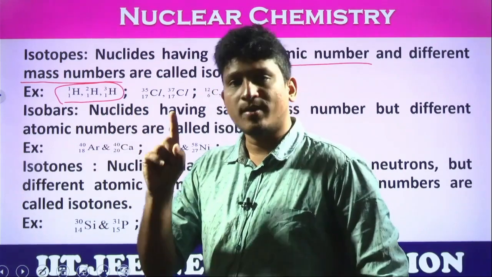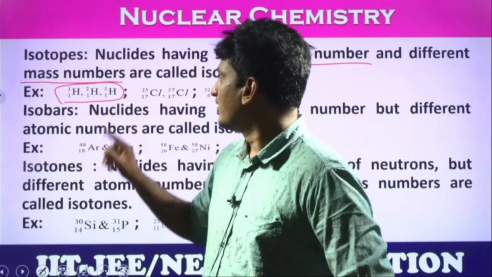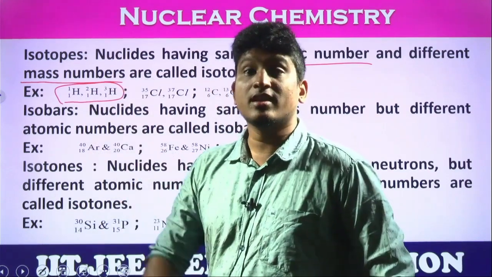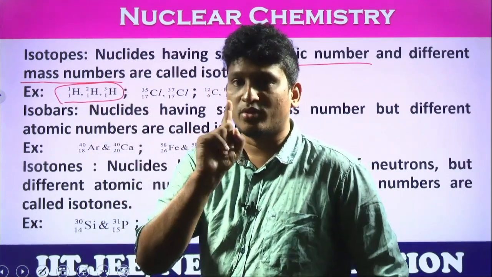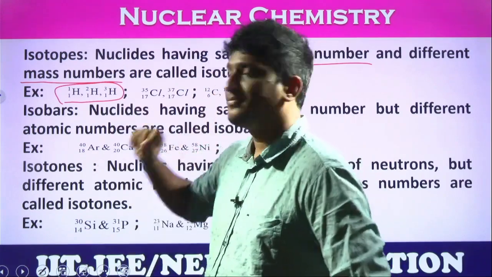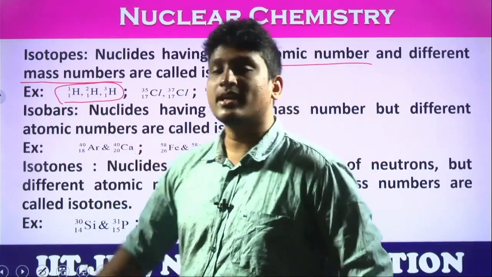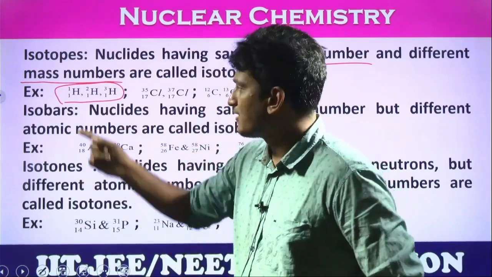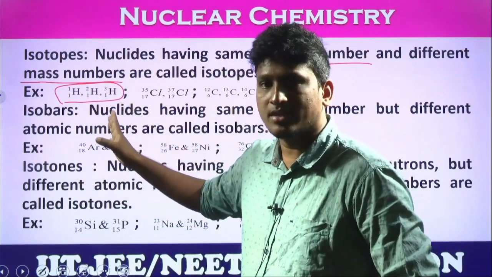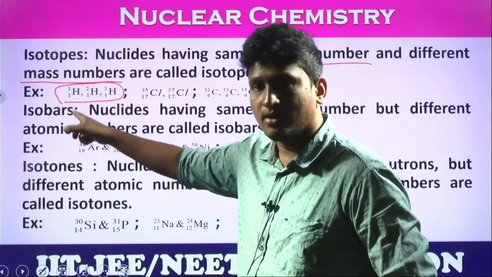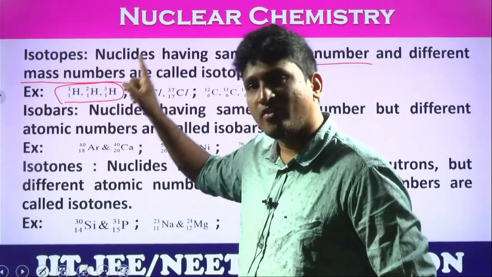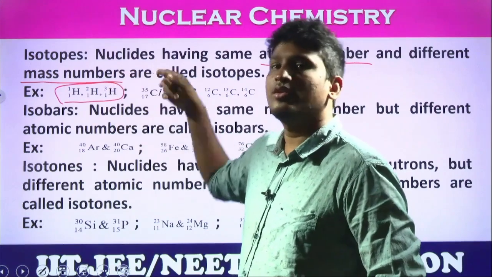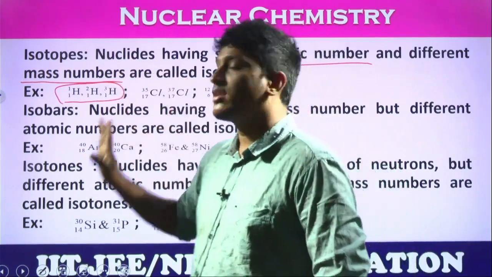In 1H3, how many neutrons? 2 neutrons and 1 proton, 1 plus 2 is 3. So which subatomic particle is the reason for the difference in mass numbers? The number of neutrons. They are definitely different nuclides: 1 proton and 0 neutrons, 1 proton and 1 neutron, 1 proton and 2 neutrons. So they are called isotopes.